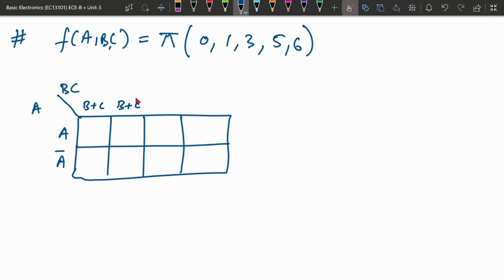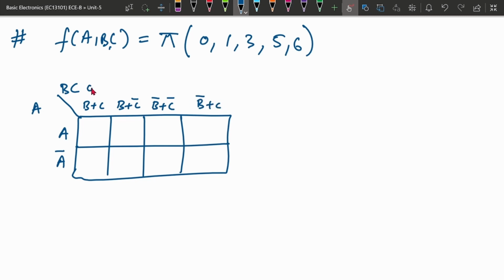So if 1 is there, for 1 it will be complemented. It was 1 1, so 1 1 was there, both will be complemented. In case of sum of product terms, it was 0 1 0. So 1 0 means 1 and 0. 1 means complemented, so this one will be complemented.